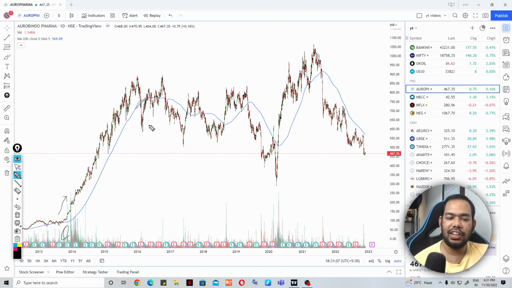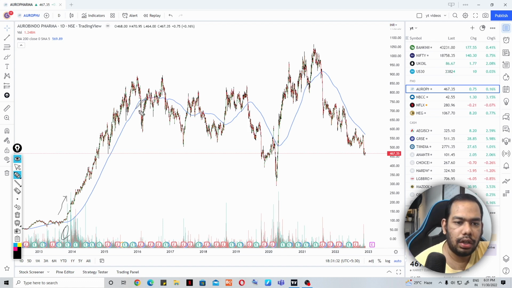Basically, they are the ones who move the market. So whenever we talk about a counter constantly above 200 DMA or constantly below 200 DMA, it means the bigger players' interest is upward in the first case, and in the second case it's downward.